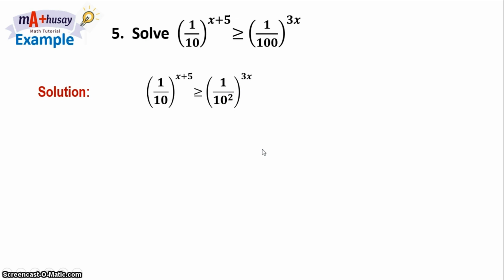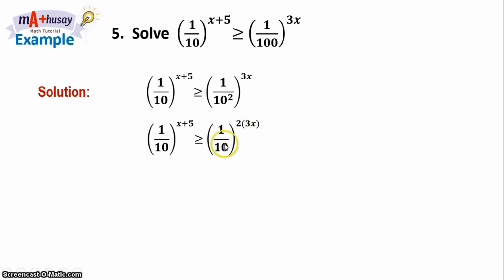So, para maging equal na yung bases natin, so we have 1 over 10 raised to x plus 5, which is greater than or equal to 1 over 10 raised to 2 times 3x. So, ibig sabihin yung ating exponent kanina ay inakit na natin.